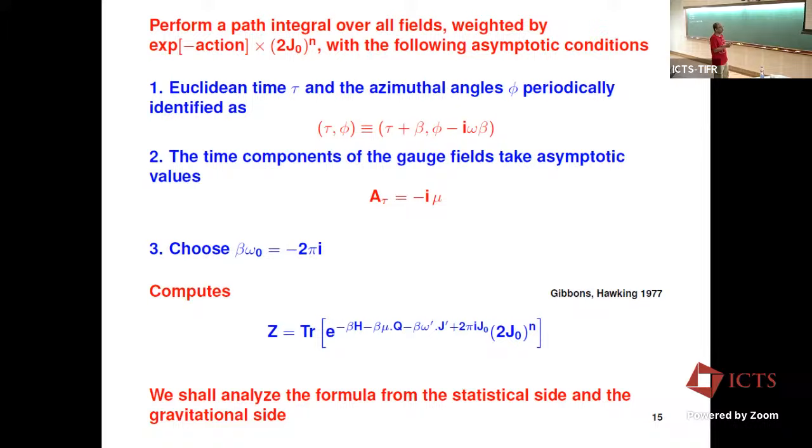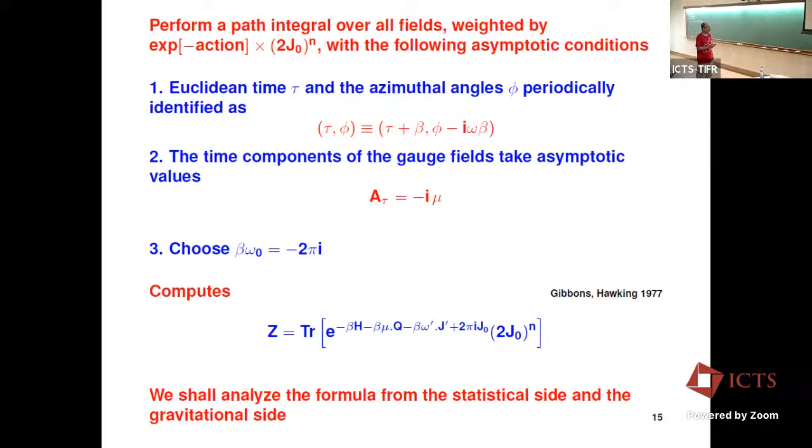And we impose the following asymptotic conditions, that the Euclidean time tau and the azimuthal angles phi are periodically identified in this fashion. Omega, if you recall, is the chemical potential conjugate to the angular momentum. Normally, if omega is 0, that's what we usually deal with, non-rotating black holes. Then of course the identification is just tau is equivalent to tau plus beta.